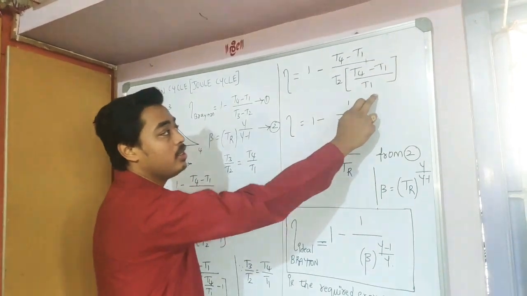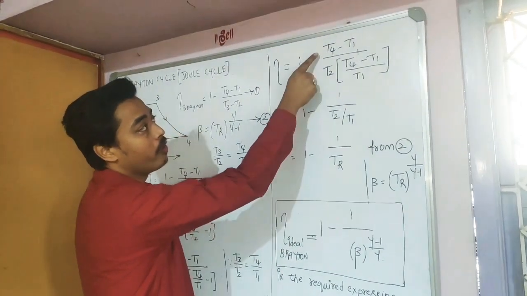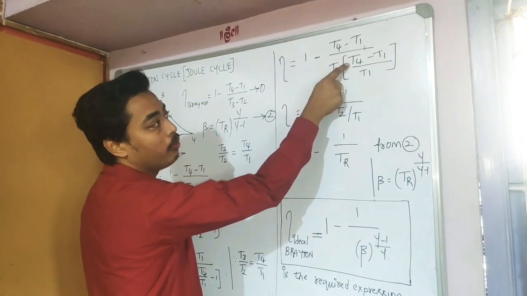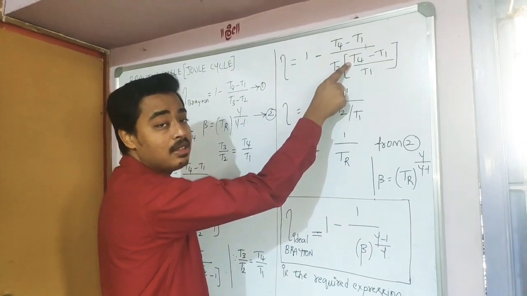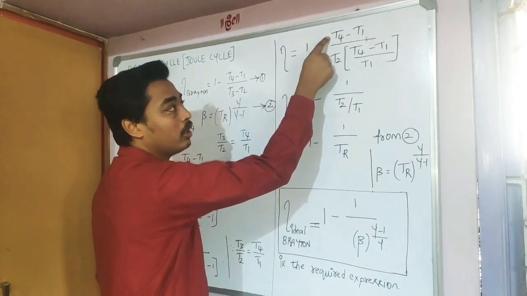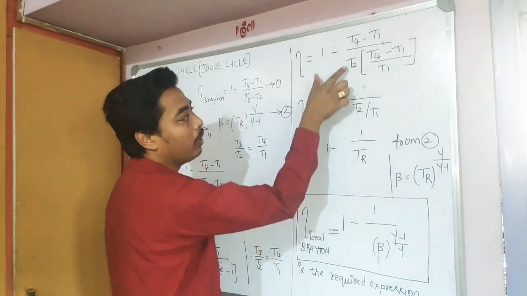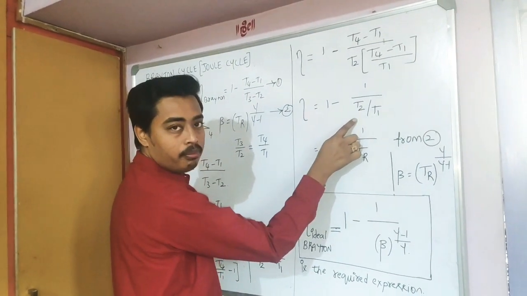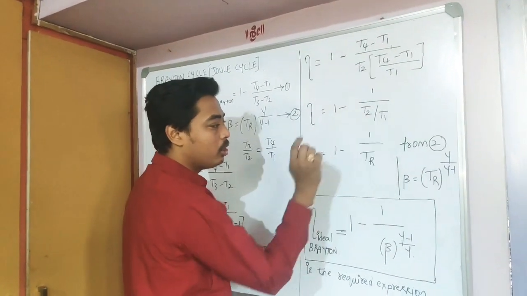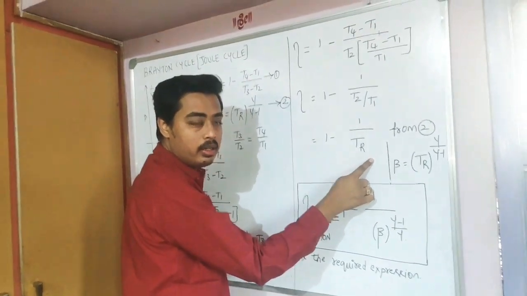Once you take the LCM here, T4 minus T1 divided by T1. If you closely observe, T4 minus T1 in the numerator and T4 minus T1 in the denominator will get cancelled. So you will be left with 1 minus T2 by T1. Clear? So what is T2 by T1? Again, it is TR. So 1 minus 1 divided by TR.